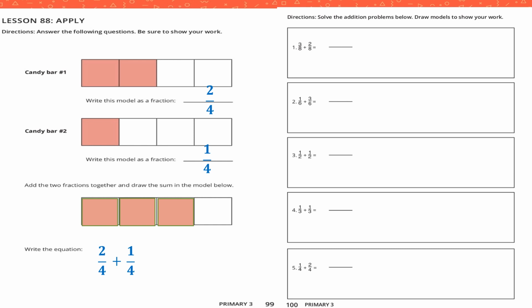Step number 2, add the numerators together. 2 plus 1 equals 3. So the numerator is 3 and the denominator is 4, no change. So the result will be 3 over 4. Don't forget, when we have same denominators, the denominator doesn't change. Put it as it is.